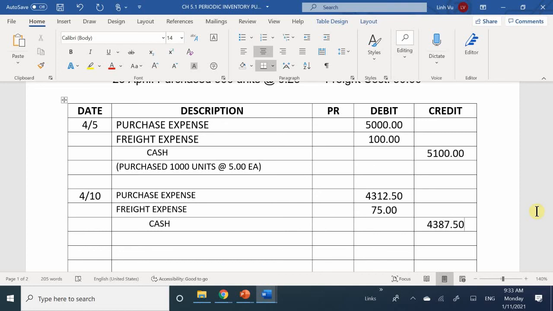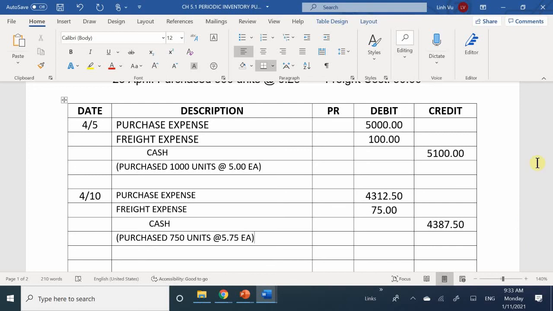Good. All right. Same thing here. Description's going to be you purchased 750 units at $5.75 each. Okay, so that's what your description is.